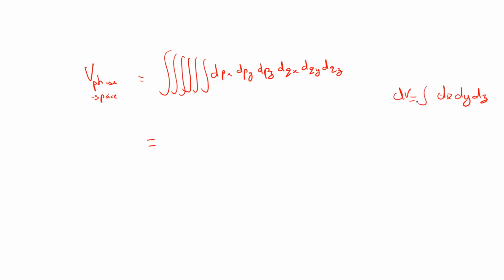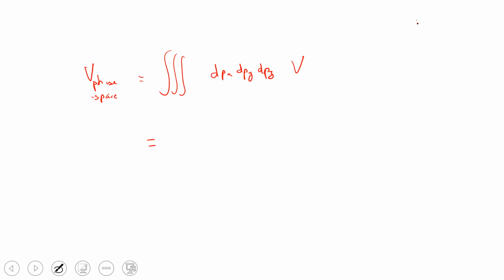If you integrate this, you will get the total volume. I'll erase this and write it as the total volume, and remove the 3 integrals. Now dpx, dpy, dpz, this is the momentum space. In the momentum space, we'll now find the volume.